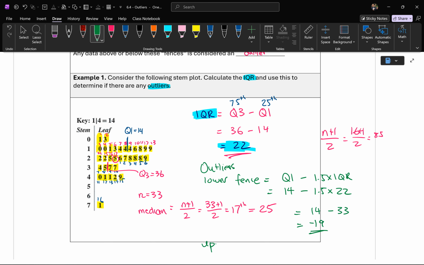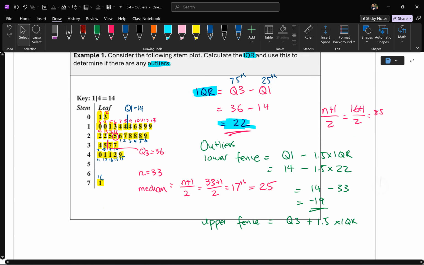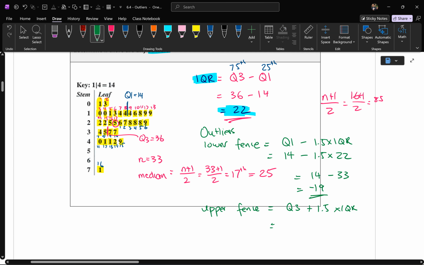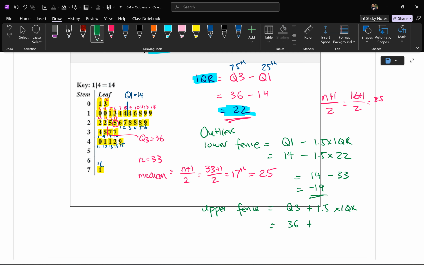Let's do upper fence now. Upper fence: Q3 plus 1.5 times IQR. Here we go. Q3 was 36, plus, and I already did the calculation for you, 1.5 times 22 was 33. So any number bigger than 36 plus 33, which is 69, any number bigger than 69 is considered an outlier.